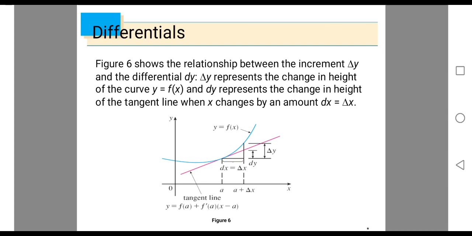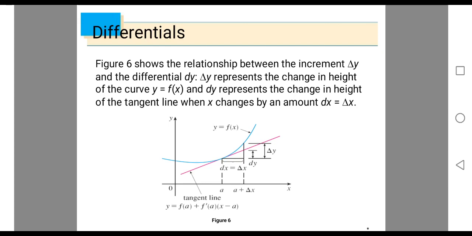So if we take dx is equal to delta x, this delta x would be x minus a. And similarly we will have dy is equal to delta y, which would be y minus b in equation 10.